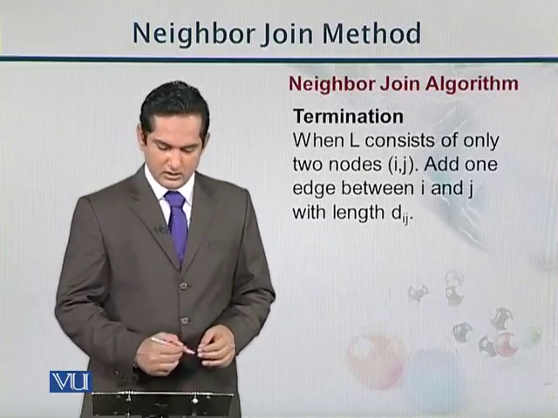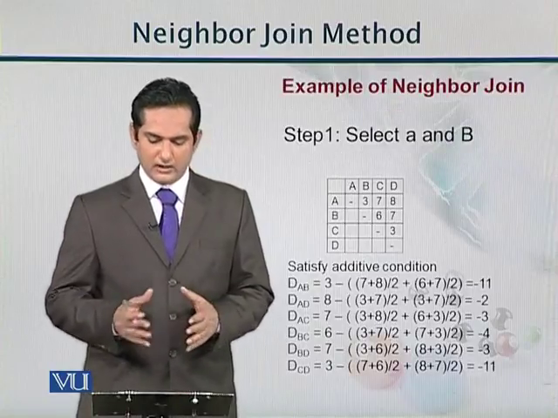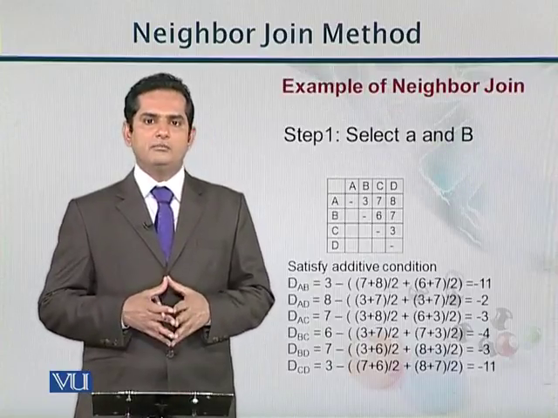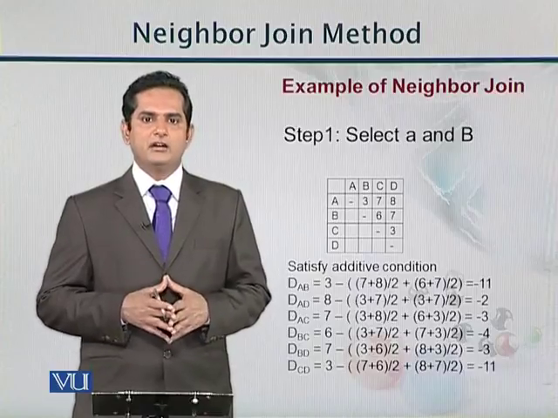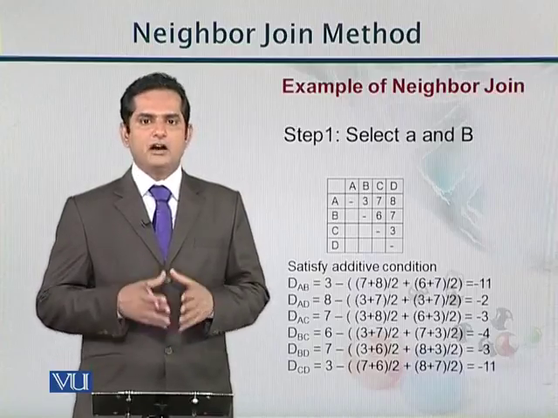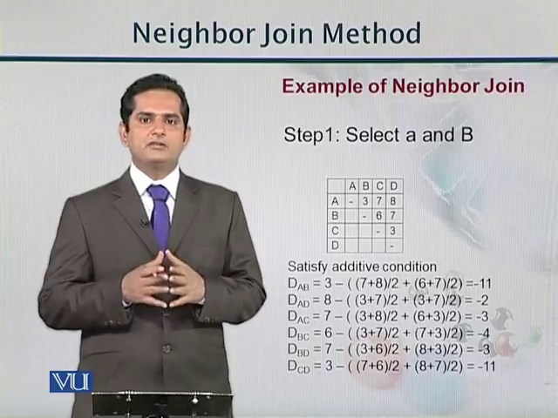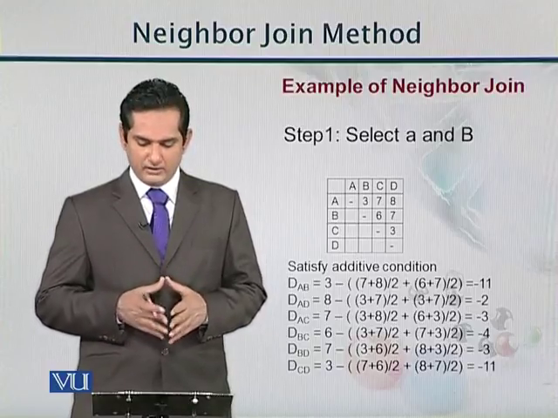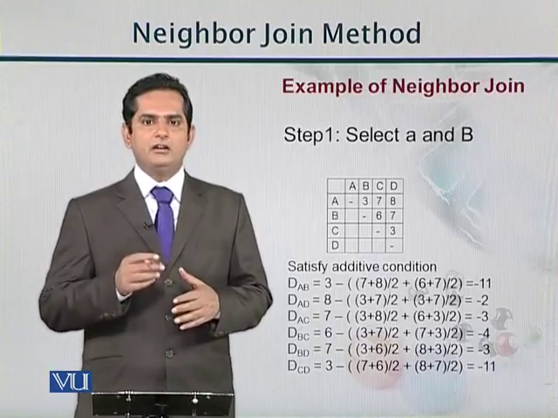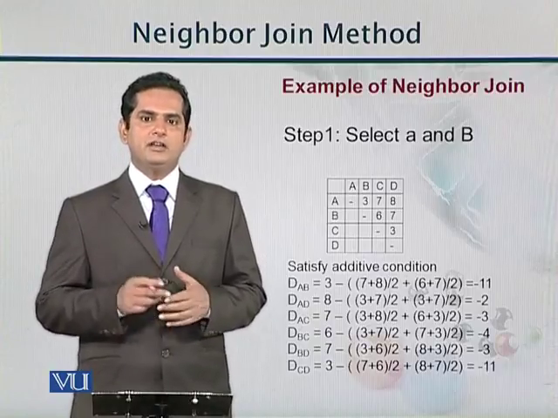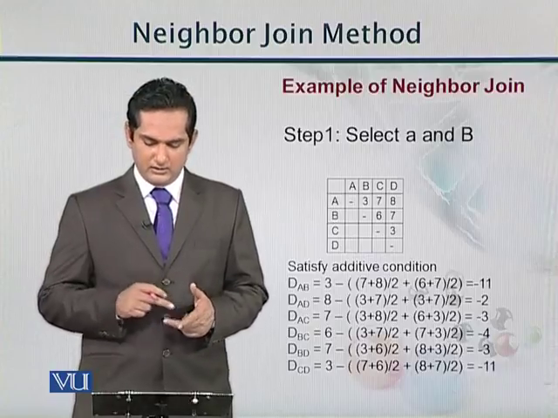So if I have a matrix which is shown here with 4 columns ABCD and 4 rows ABCD, what I want to do is make an unrooted tree. The first step would be selection of A and B, and then I will calculate the distances between each individual element, which are DAB, DAC, DAD and so on.